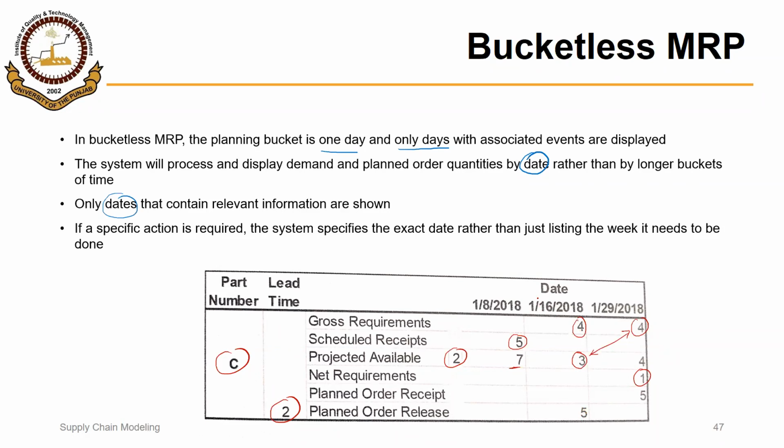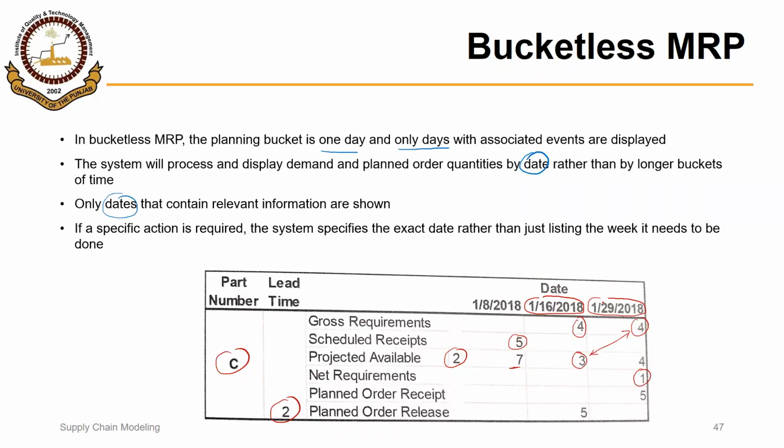Here, the date on which the order is released is 16th of January, and the date on which the order is received is 29th of January. So that is 2 weeks, from 16th till 29th of January.